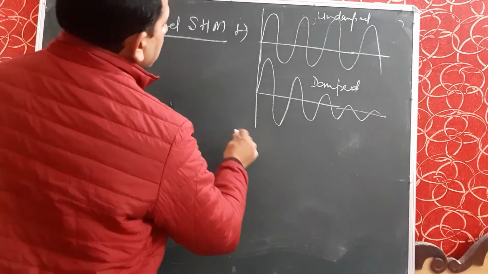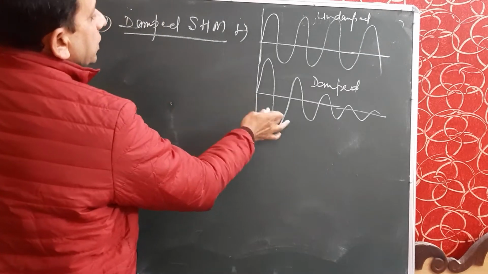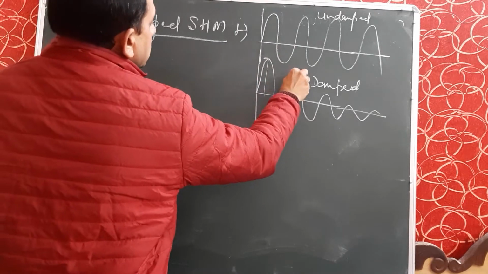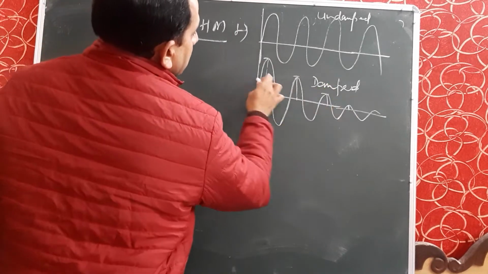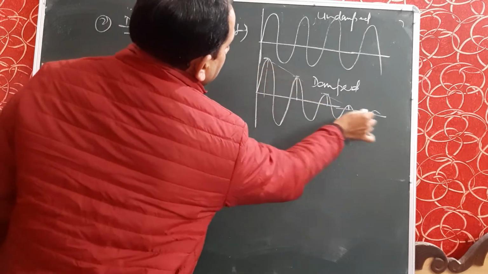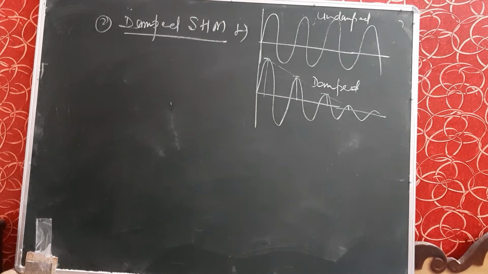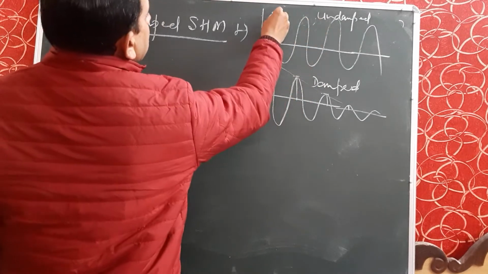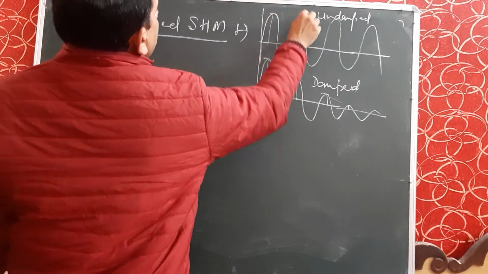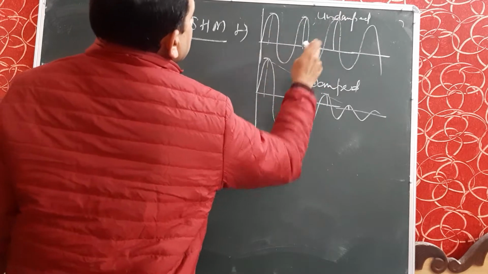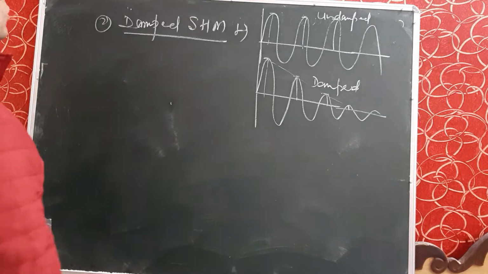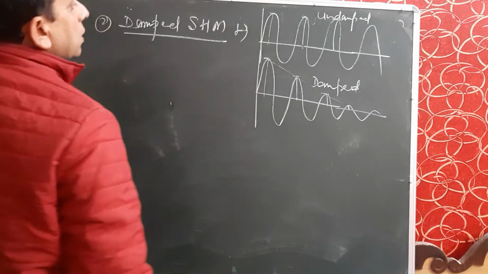So we can say that the oscillations are said to be damped if the amplitude is decreasing with time. And in case of an undamped oscillator, the amplitude of the wave remains constant throughout the whole period. So this is damped, this one is undamped.